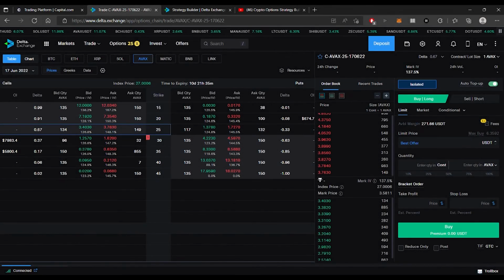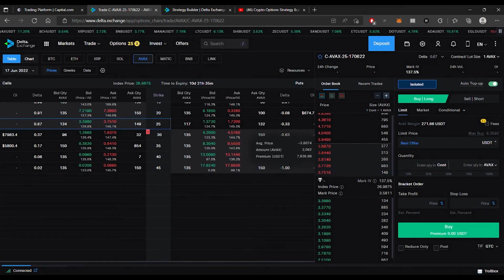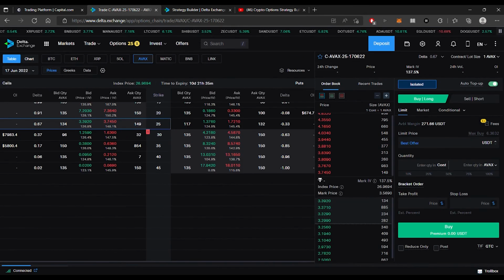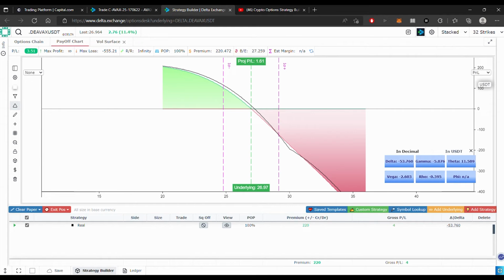On the day that I took the trade, this is how my trade was running. After I had taken my position and also the hedge, I was in net $4 profit. The total premium that I could collect on the day of expiry, if the trade did become successful, was 220.